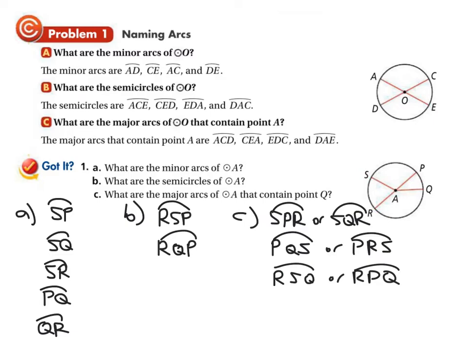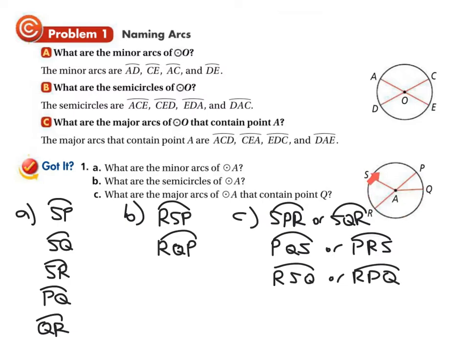Let's try going to Q. Going from Q, Q to R, no, Q to S. Did we have Q to S yet? Nope, we did not have Q to S as endpoints. Could we do Q to P? Let's see, we didn't do Q to P either.